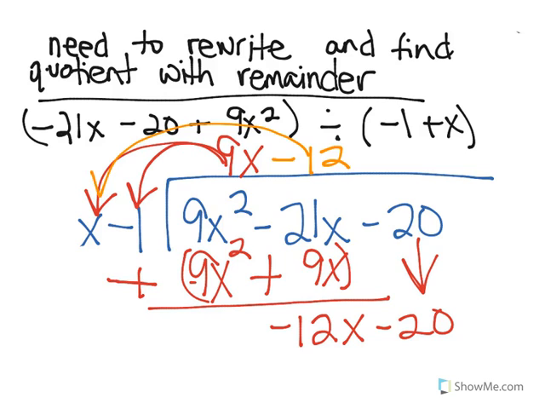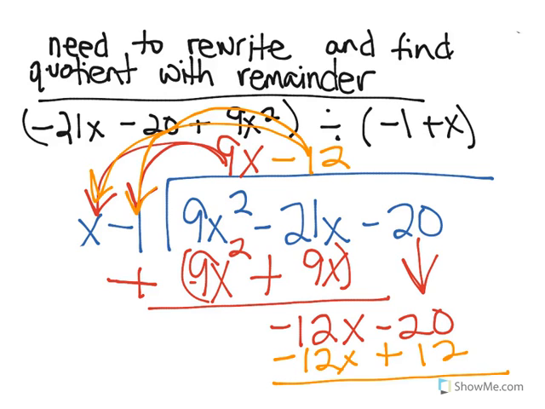We're going to multiply the minus 12 times the x, minus 12x, and so minus 12 times a negative 1 is plus 12. And so if we subtract, we add the opposites, negative 12x and positive 12x, that is 0.